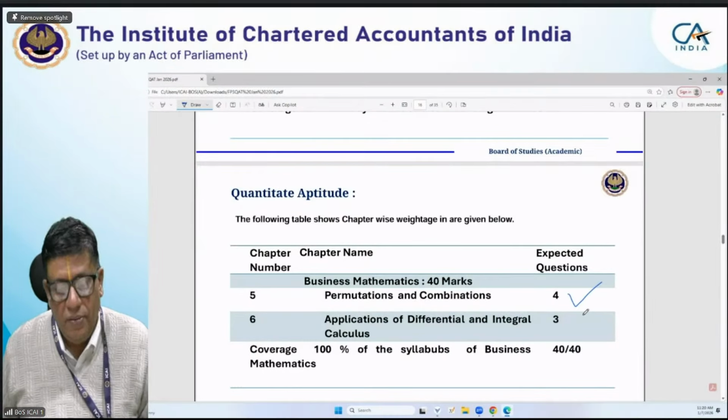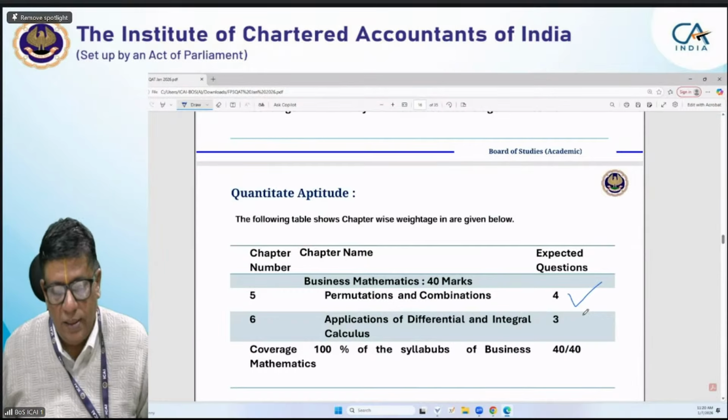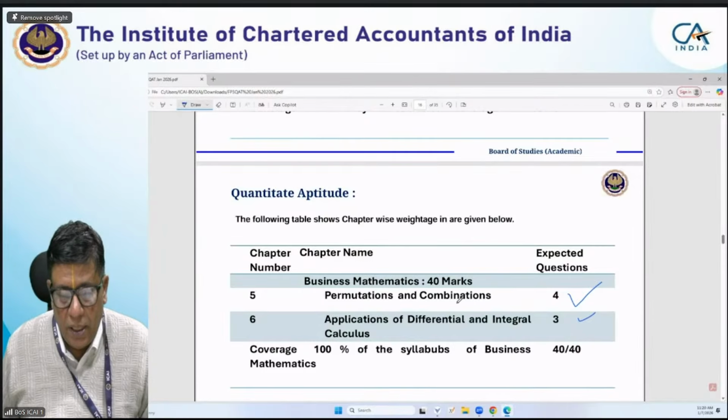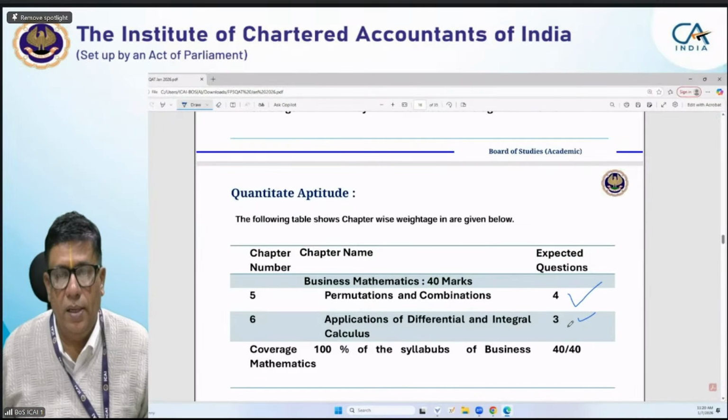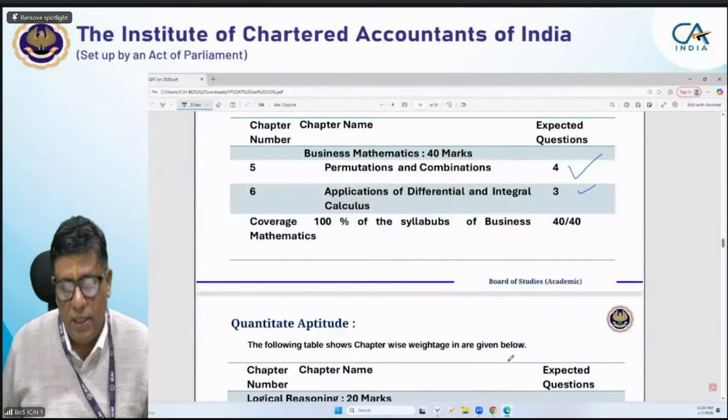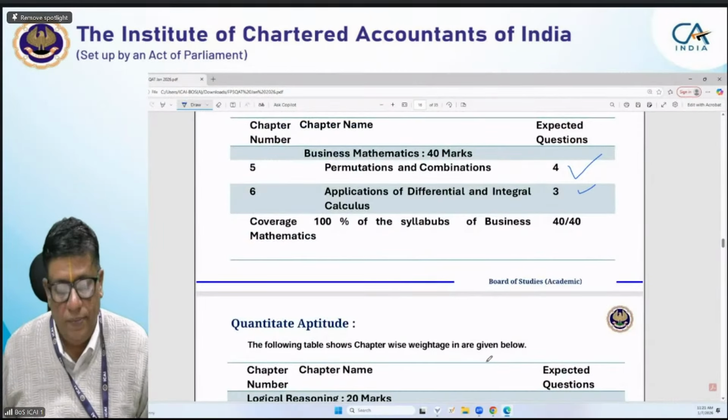Application of differential and integral calculus, a maximum of 3 to 4 questions. Sometimes they may not ask in limits, but they may ask an additional question here. Combining application of differential and integral calculus, 3 to 4 questions. That means 40 of 40, 100% of the syllabus is covered by the weightage given here.